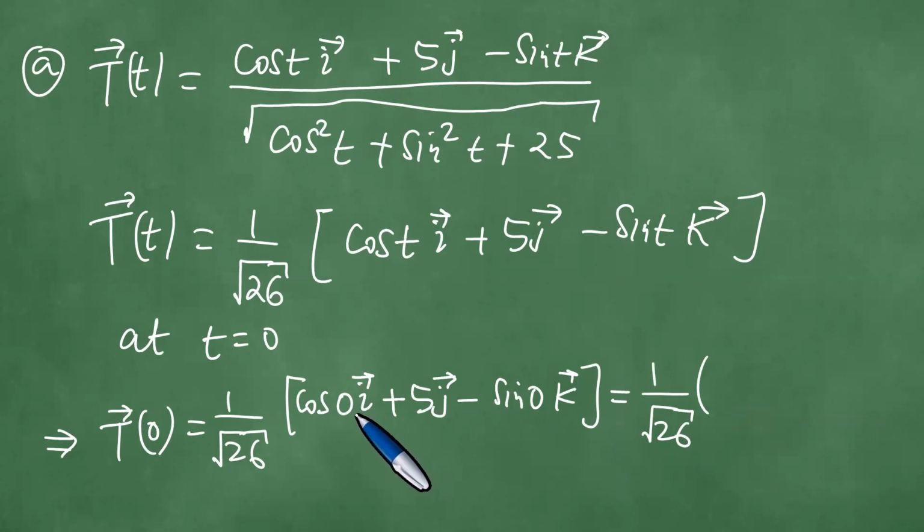So cosine 0 is 1, so that what you get here is i plus 5j. Sine 0 is 0. Right, so we have this exactly.